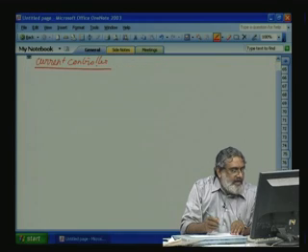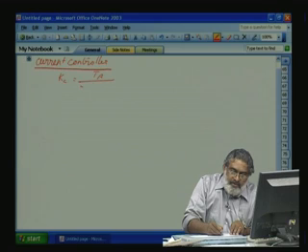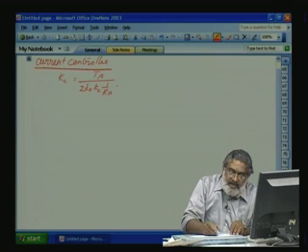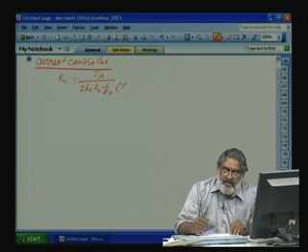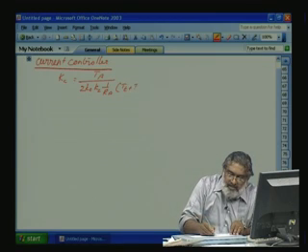We know the current controller gain Kc is equal to, from the previous equation, Ta by 2 Kt K2 into 1 by Ra, and the product of the smaller time constants we have neglected and approximated as Tt plus T2.